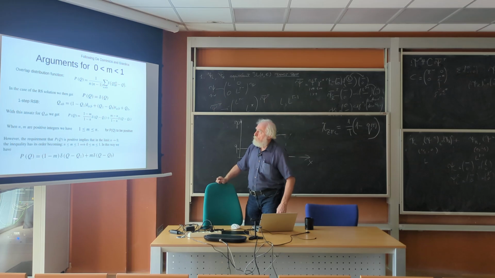Now let me come back and present you some arguments why m should be between 0 and 1. Here I follow the exposition in one of the books mentioned in the beginning. It is the book of De Dominicis and Giardina.